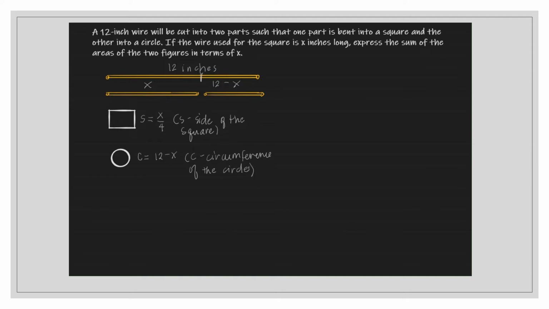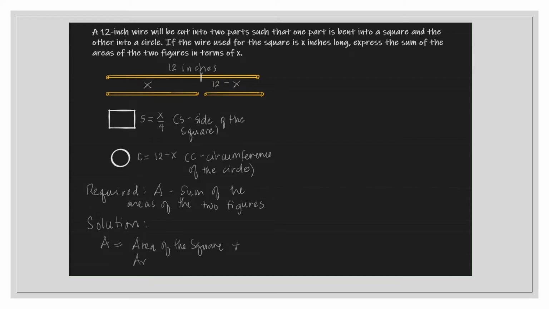Okay, now we are required to get the expression for the sum of the areas of the two figures. Let us use A to represent the sum of the area, or the areas of the two figures. Okay, so let us solve the problem. A now will be equal to the area of the square plus the area of the circle.